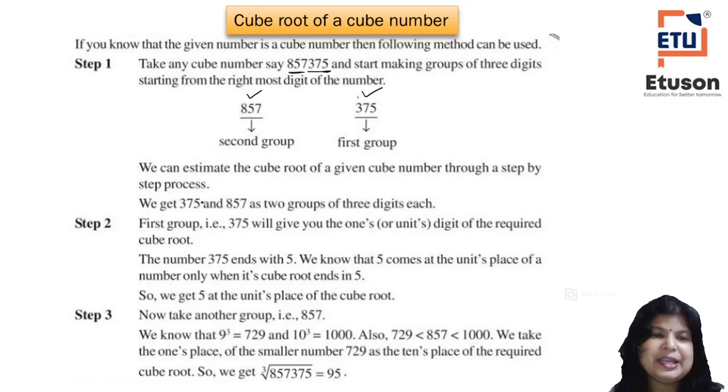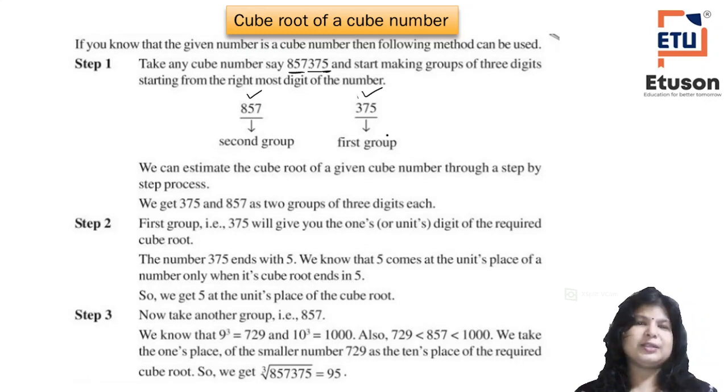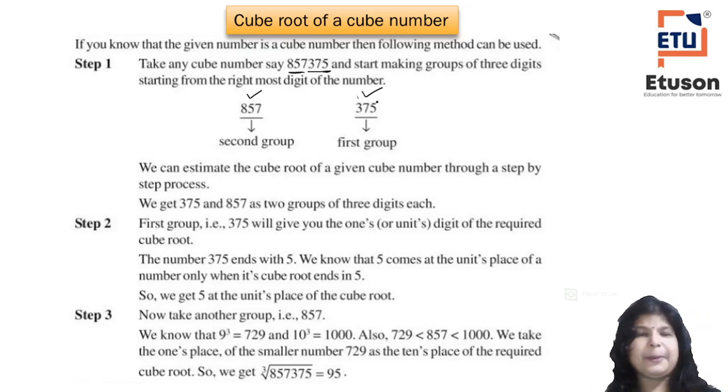What next? Now, consider the first group, that is 375. Now observe the number at its units place. What do you find? You find 5 at its units place, right?